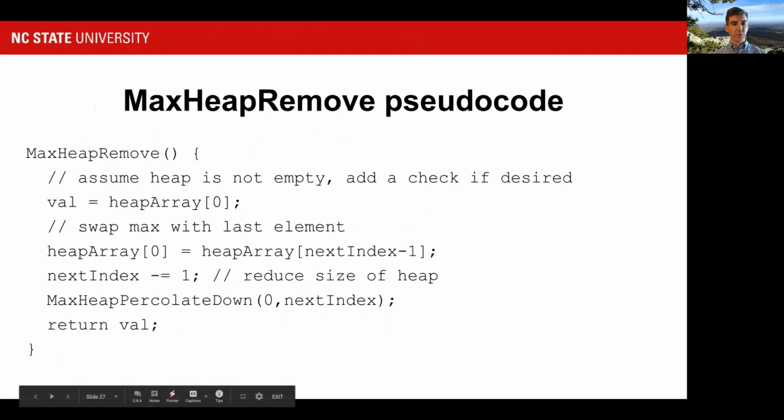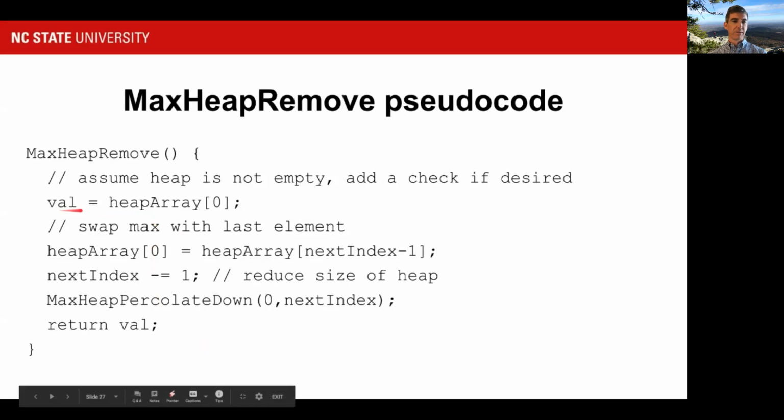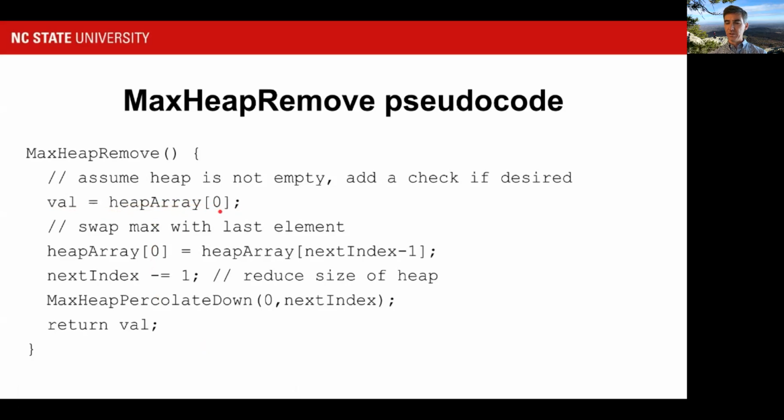The MaxHeap remove is going to do the opposite of what the insert did in some sense, right? So with a MaxHeap remove, we only care about removing the maximum value. So we're always going to be taking out the value at position 0. So the very first thing we do is get a copy of the value at position 0, which must be the maximum, and that's what we're going to return from the function.